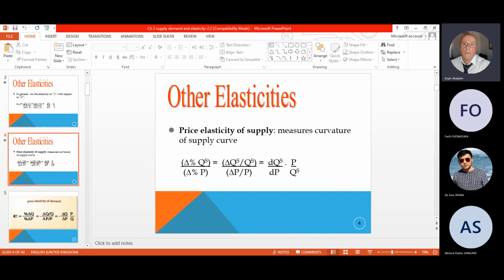This can also be represented as delta QS divided by QS at t minus 1, the former quantity produced, over delta P over P. Again, delta P is the difference of the prices between these two periods, divided by the price in the former period. When you turn this equation upside down, you get delta QS divided by delta P, multiplied by P, the former price, divided by QS, the former quantity.